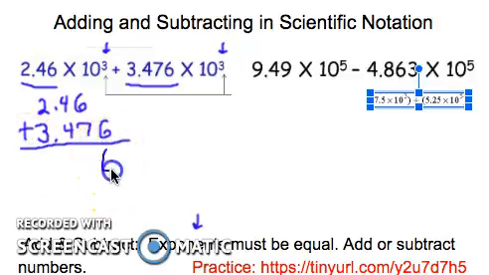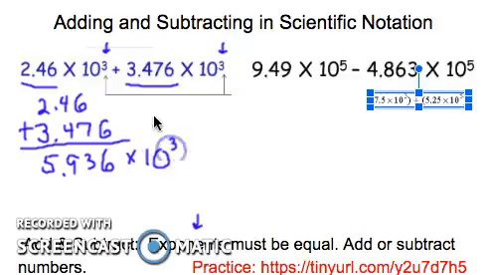And I've done this earlier, so I know that 5.536 is going to be what happens when you add these two together. But don't forget about these exponents here. And it's very simple whenever you add or subtract. You take the exponent that it started with, the common one, times 10 to the third.